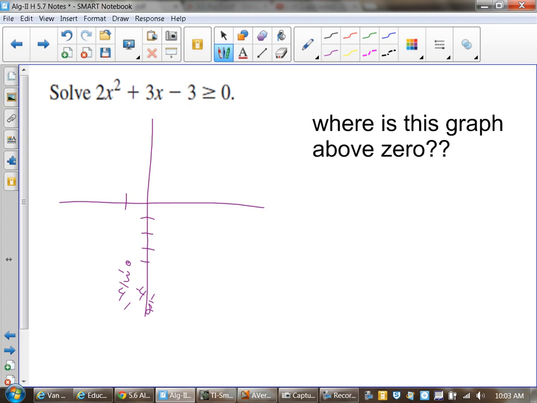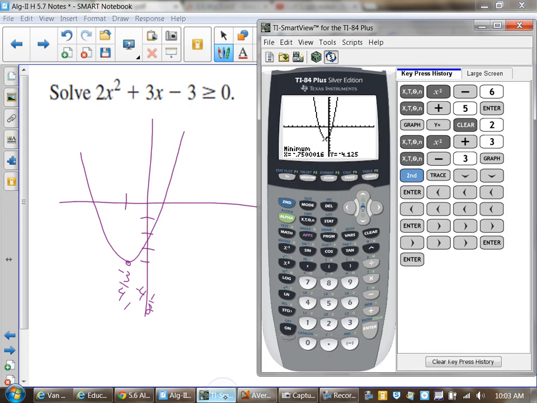Calculate minimum. Right, 4.125 is 4 1/8. All right. Now it's up like a cup. Can I calculate zeros? If I calculate my zeros, I hit second, calculate, 0.